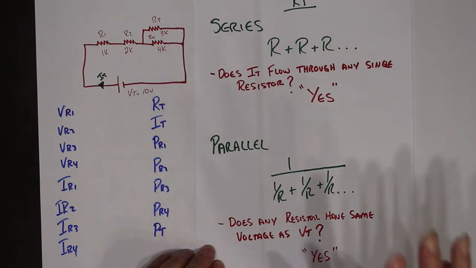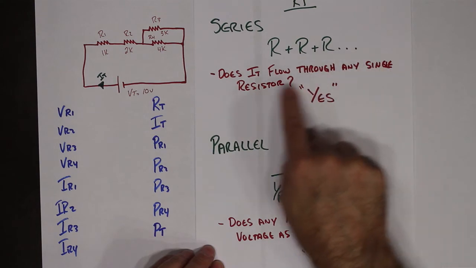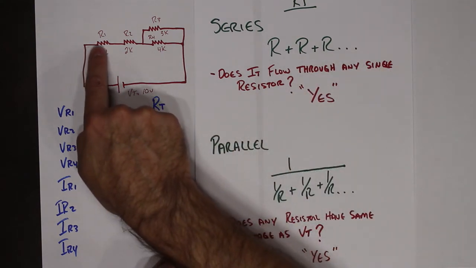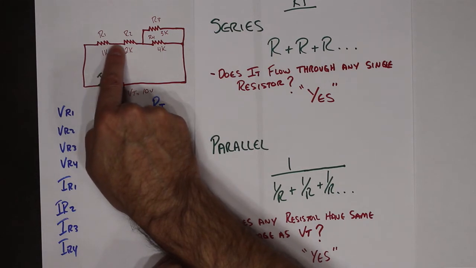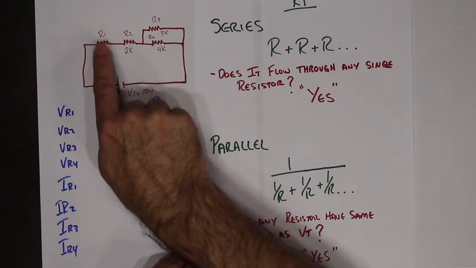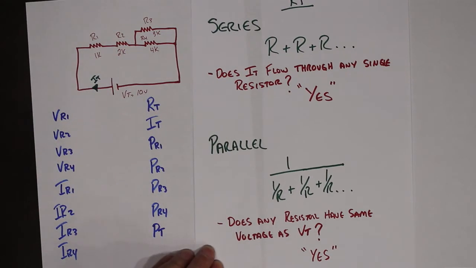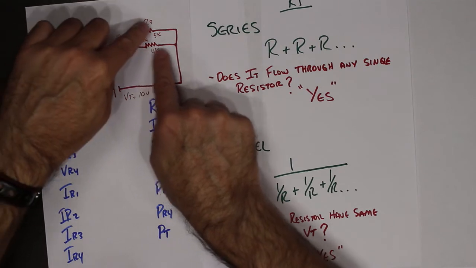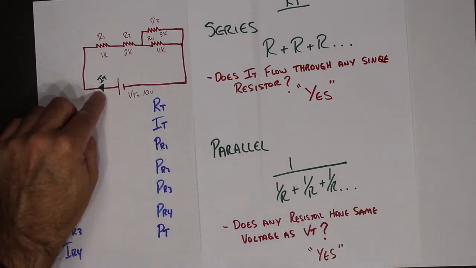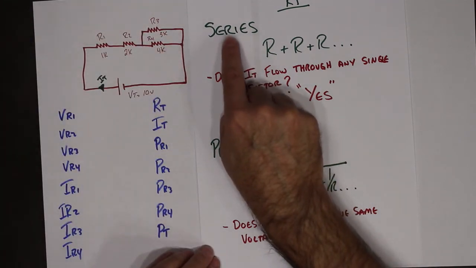So, let's ask our questions. Does IT flow through any single resistor? Well, IT leaves the source, it flows through this resistor, and then it flows through this one. So yes, it flows through resistor 1. It also flows through resistor 2 before it splits up. So that means this circuit simplifies down to a series circuit.